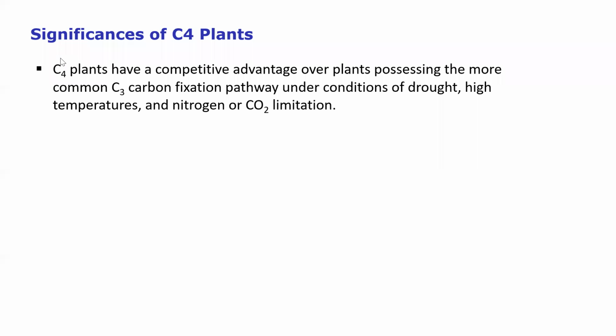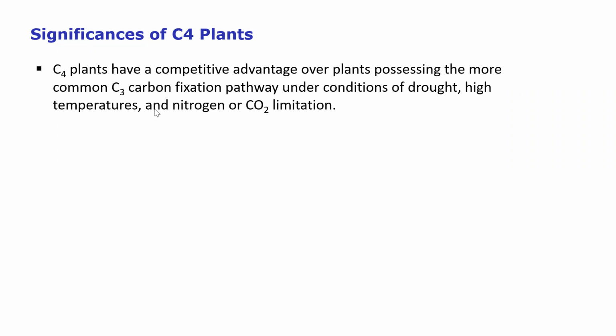Now you see, C4 plants have a competitive advantage over plants with the C3 cycle, right? They are better suited to grow in conditions of drought or high temperature or nitrogen and CO2 limitations. So the question is why?